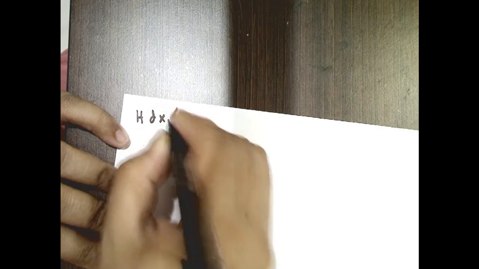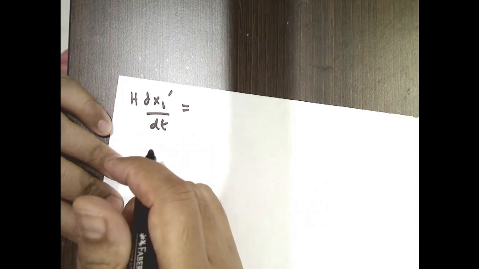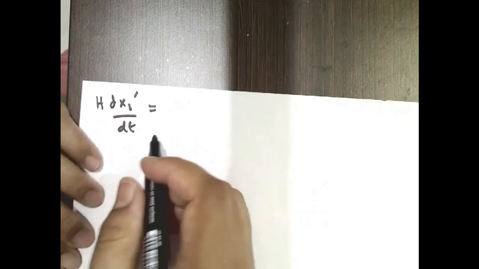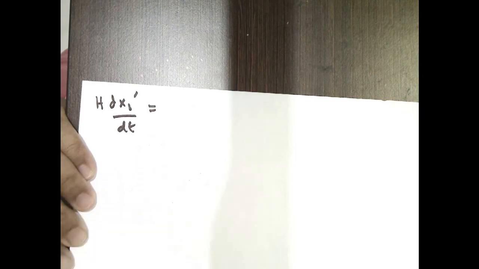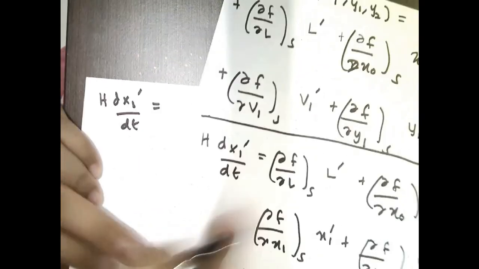Alright, just substitute. So h dx1 bar over dt equals to, you just follow this one, okay?